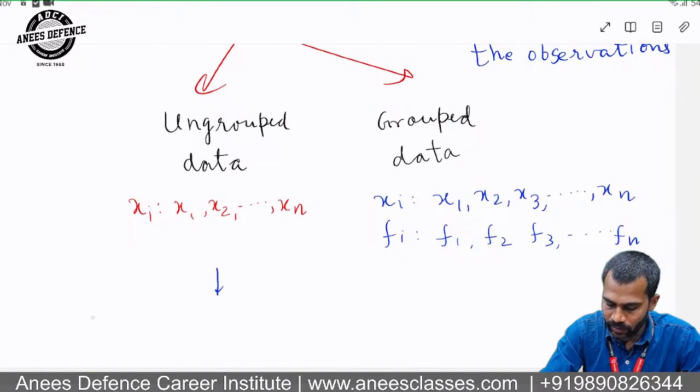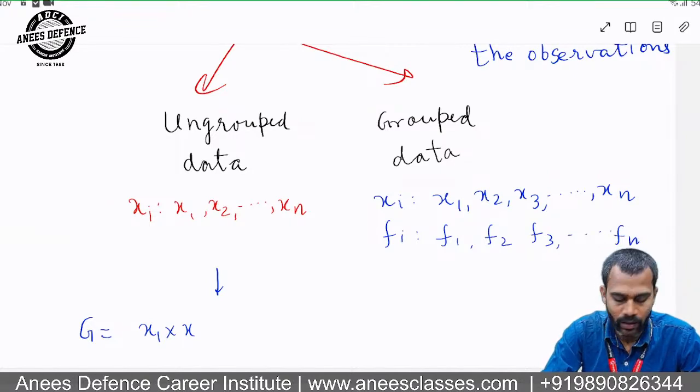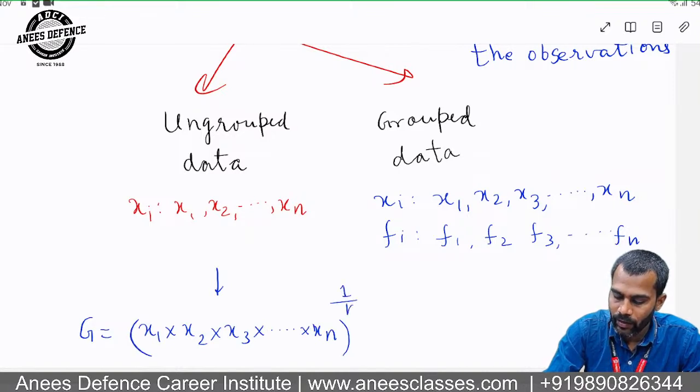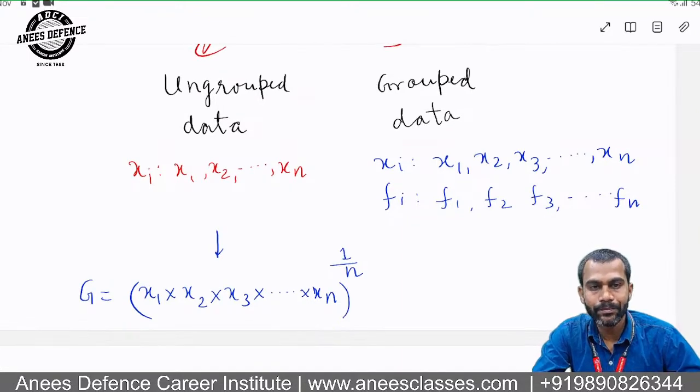Can I say G is equal to, first of all, we have to find P. P means product. x1 into x2 into x3 up till xn, whole power 1 by n. I hope it is clear.